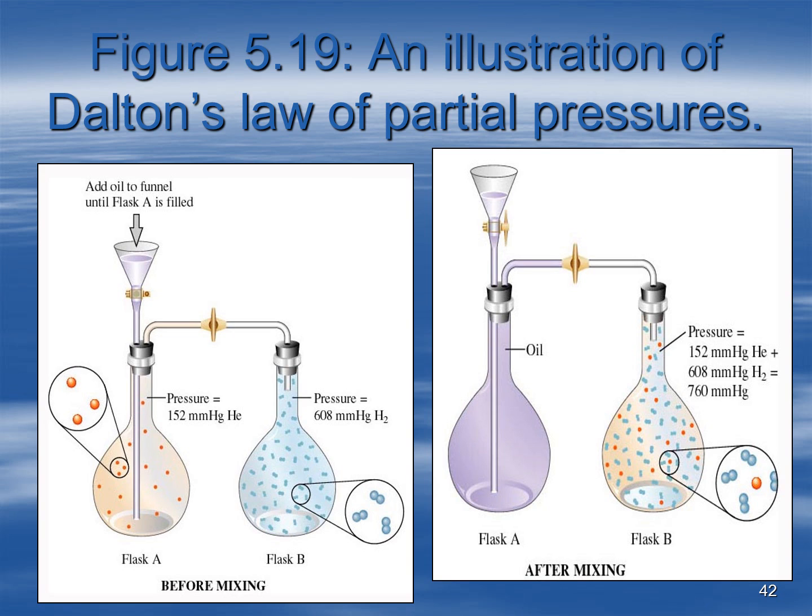So before mixing, they each have their own pressure, 152 and 608. Then they add oil to flask A, which pushes all of the gas from flask A into flask B. Now flask A is completely empty, and they've mixed the two gases together, and the total pressure in flask B is the sum of the individual partial pressures.